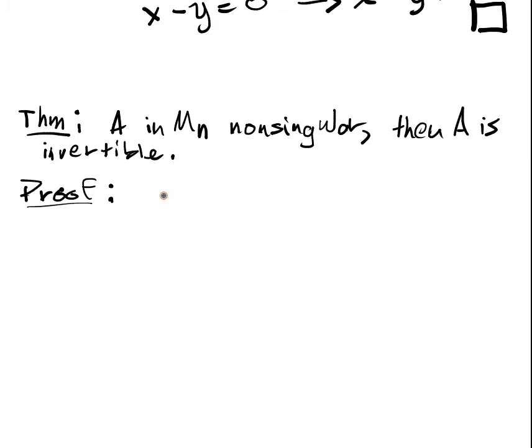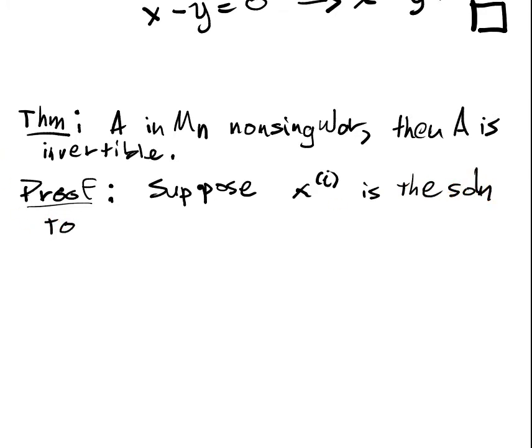Well, let's suppose x_i is the solution to the equation Ax is equal to 1_i. So this is a column vector with a 1 in the ith entry, right?